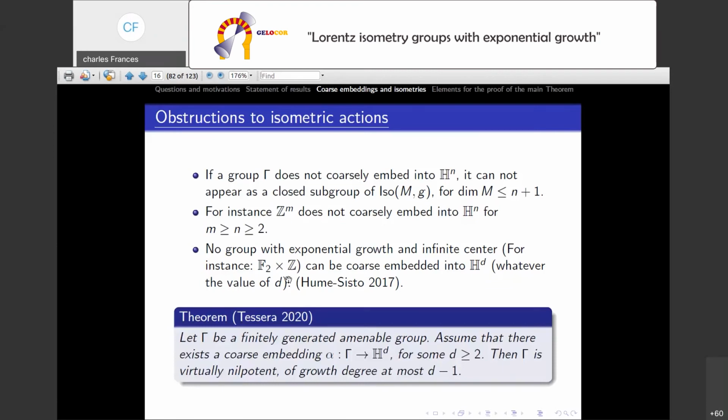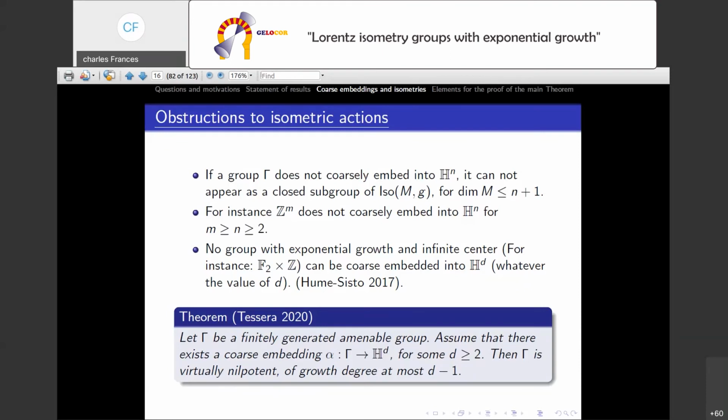Let me also quote an important and very recent theorem by Romain Tessera. It says that if Γ is finitely generated and amenable, then if Γ coarsely embeds into some hyperbolic space H^D, Γ must be virtually nilpotent and the growth is at most D-1. So it's a very powerful theorem.